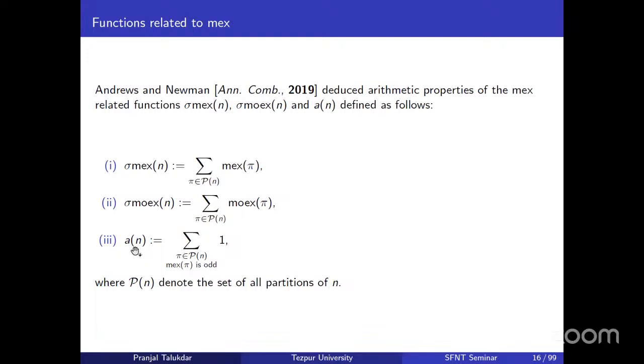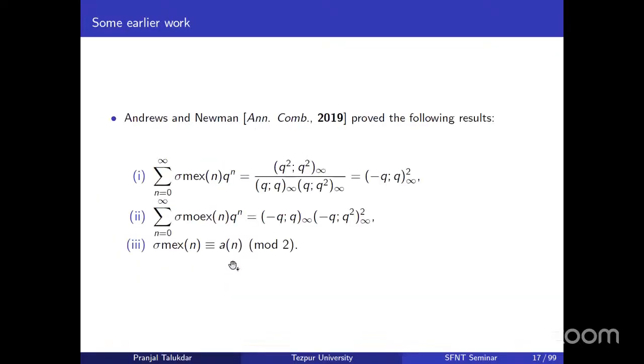And this is a counting function, which counts the number of partitions with odd mex. Andrews and Newman derived the generating functions for sigma mex and sigma minimal odd excludant, and they also established a relation between this counting function and sigma mex modulo 2.